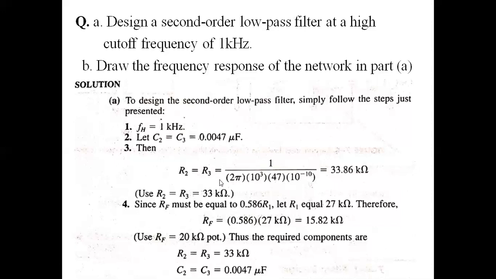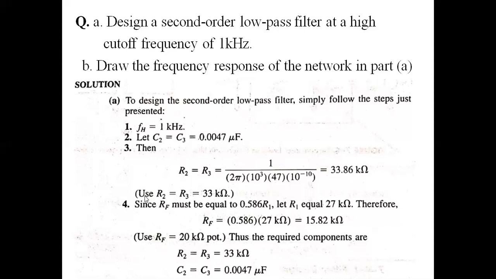When we simplify this equation, the value of R2 and R3 becomes 33.86 kilo ohms. Use the standard value R2 and R3 equal to 33 kilo ohm for the design purpose.